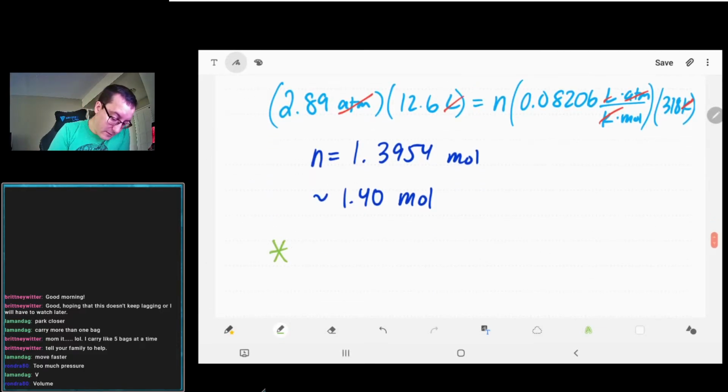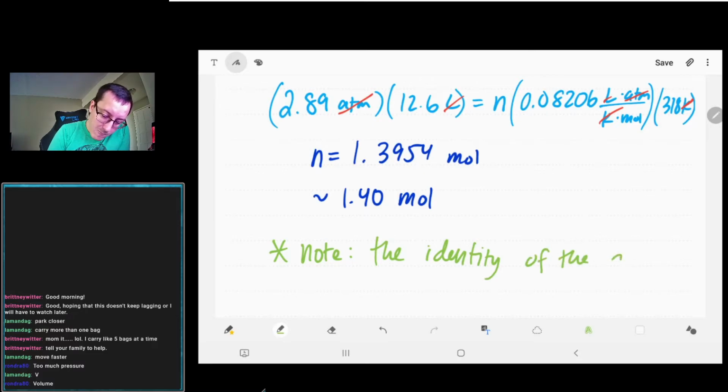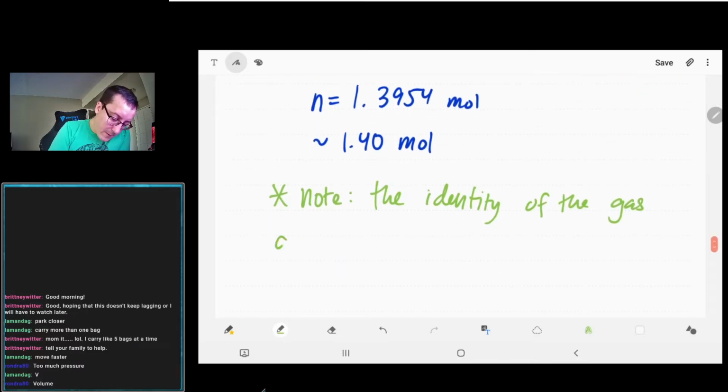One thing to note, the identity of the gas does not matter.